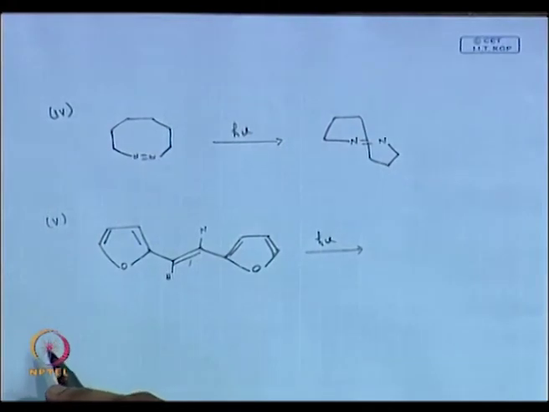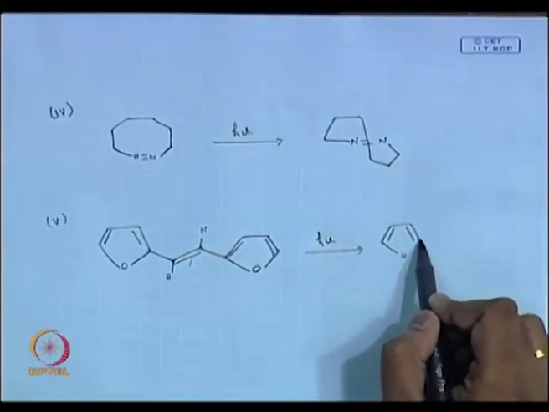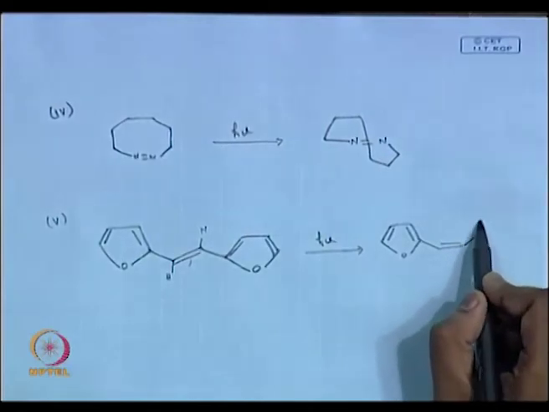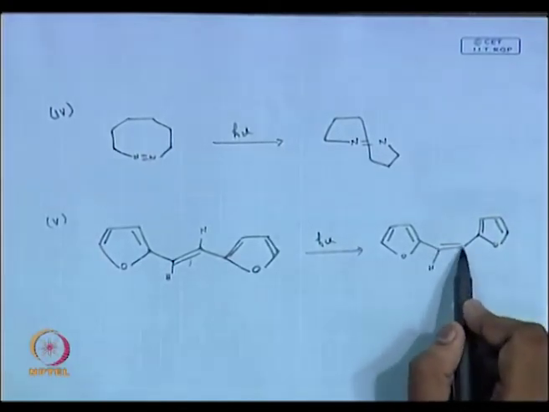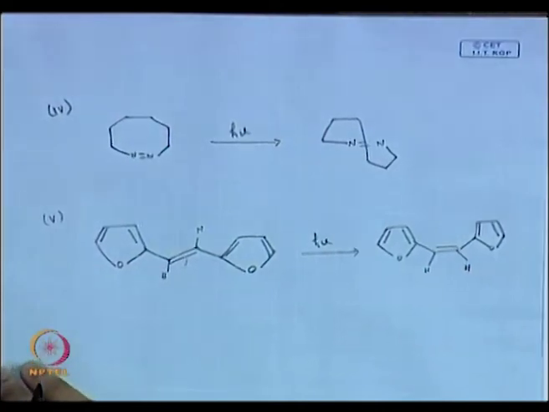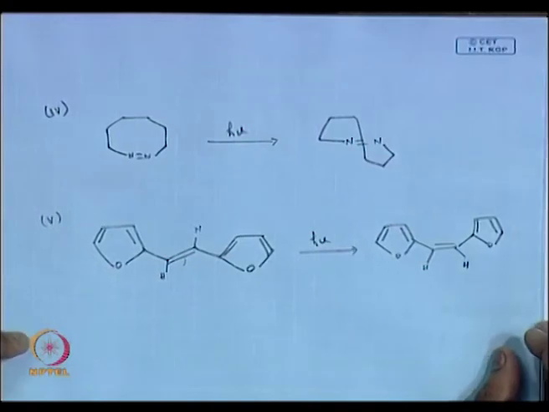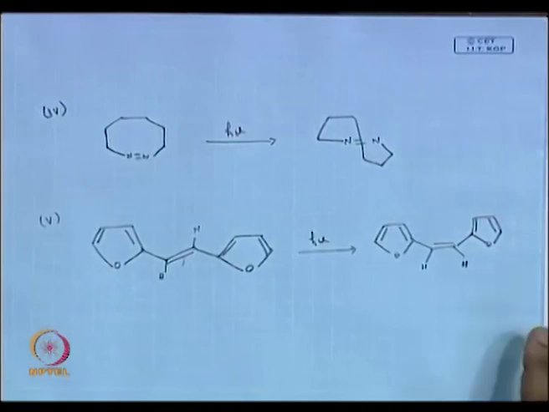If you do the photolysis, you end up with your product. So these are some of the cis and trans isomerizations which you are seeing.